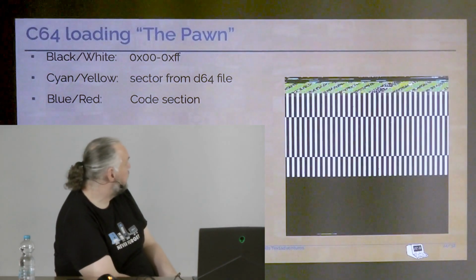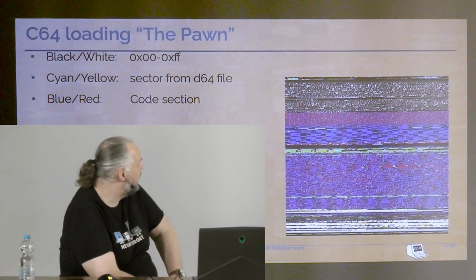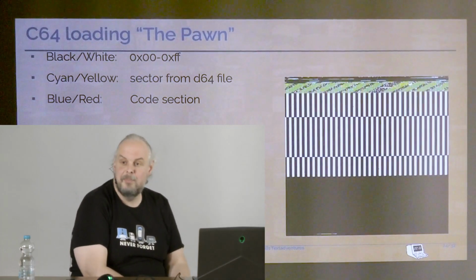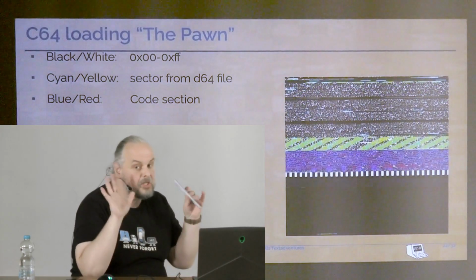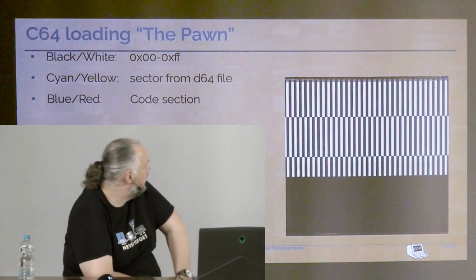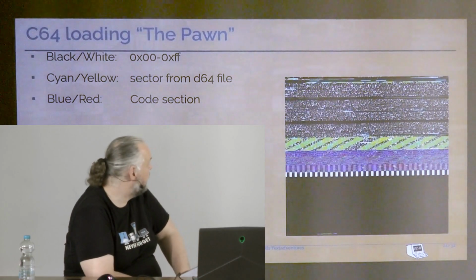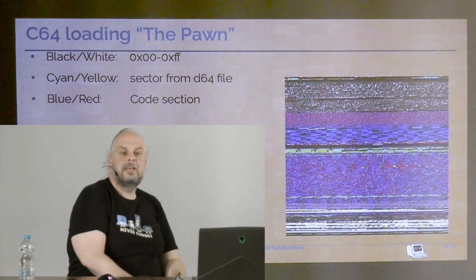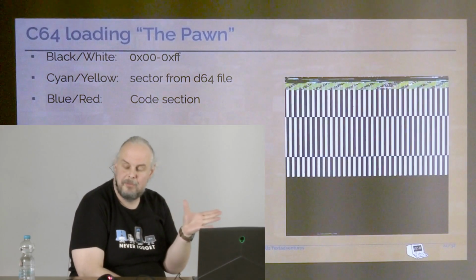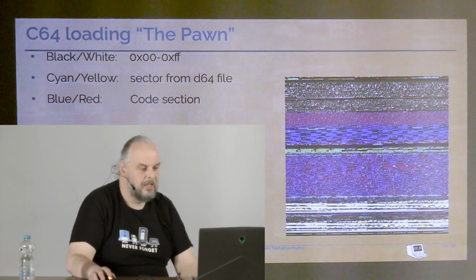You can see some sectors from the disk being read, and all of a sudden the code section from the other platforms appeared magically. There's a section just below the middle where it started off as a section from the emulator image, and then becomes something from the .mac file.